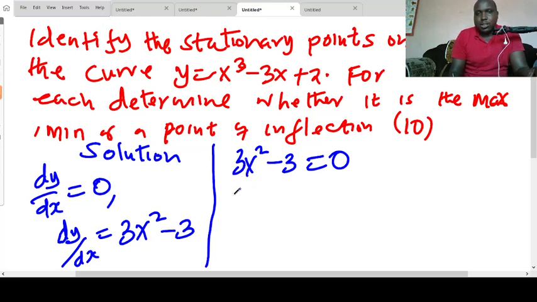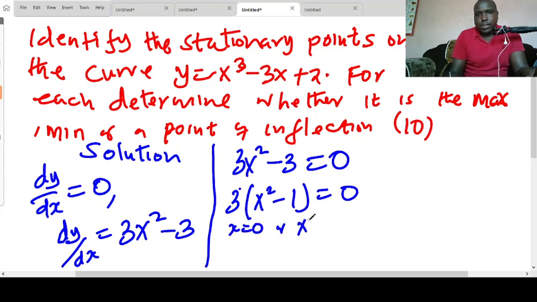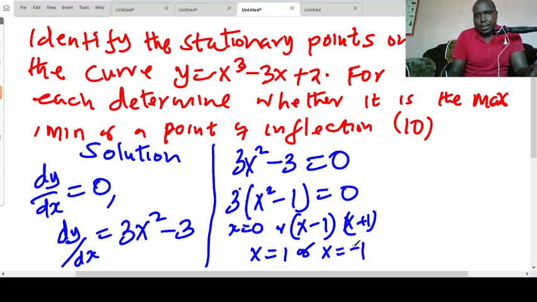So 3 is common, so 3 into x squared minus 1 is equal to 0. x minus 1, because it's a difference of 2 squares, x plus 1. So you can see here, x is equal to 1, or x is equal to negative 1.